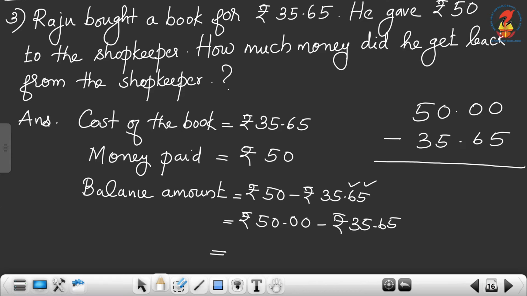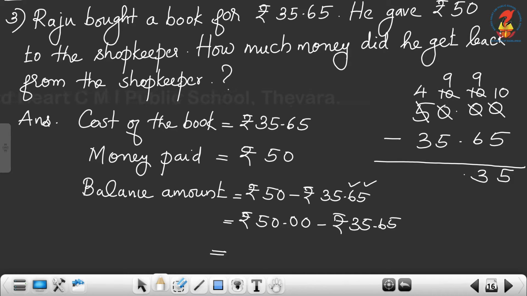So we have to borrow 1 from 5. So it will become 4. It will become 10. So from 10 we have to borrow 1. So 10 will become 9. So the next place is 10. From 10 again we have to borrow 1. So 10 will become 9 and it will become 10. Then 10 minus 5, 5. 9 minus 6, 3.